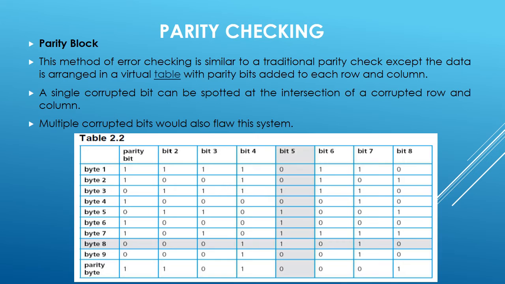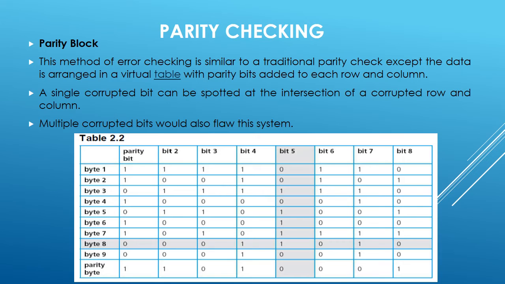Now let's consider table 2.2. Here 9 bytes are given, 8 columns are also given. At the start of every byte, a parity bit is added. So let's see whether according to the even parity bit rule, the parity bits which are set are correct or not.